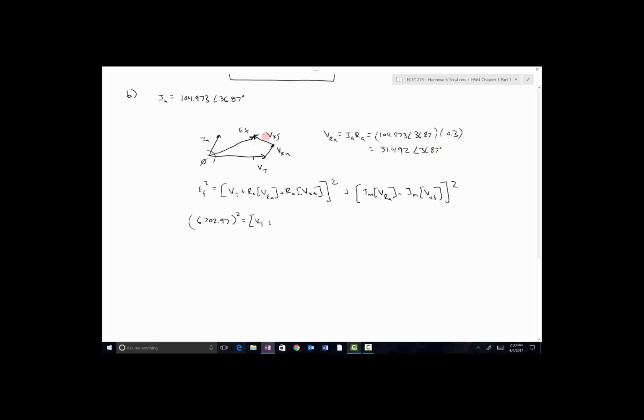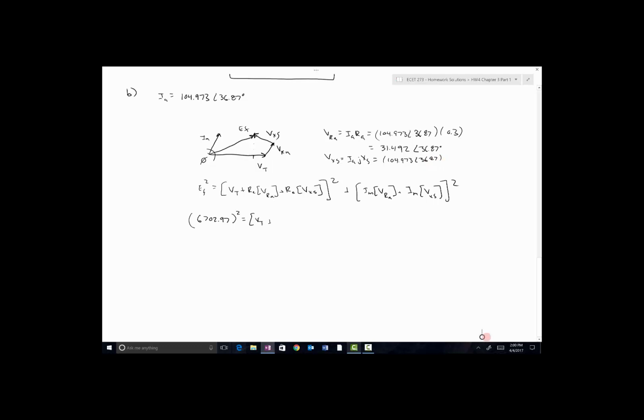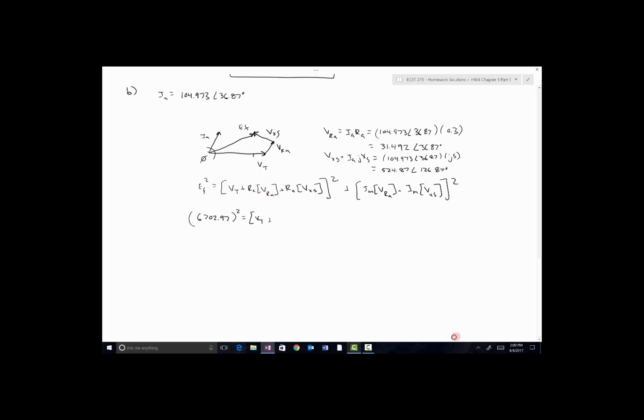Then I want to know this vector here, which is VXS is equal to IA times jXS. So that's 104.973 at an angle of 36.87 times j5. That gives me a voltage of 524.87 volts at an angle of 126.87 degrees.